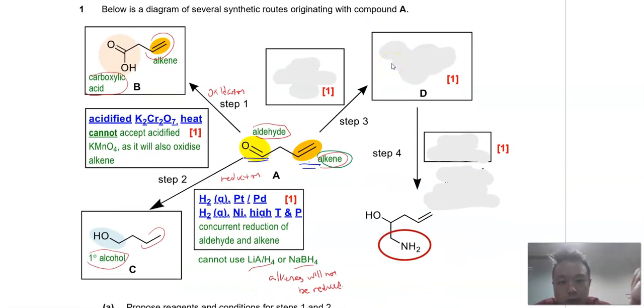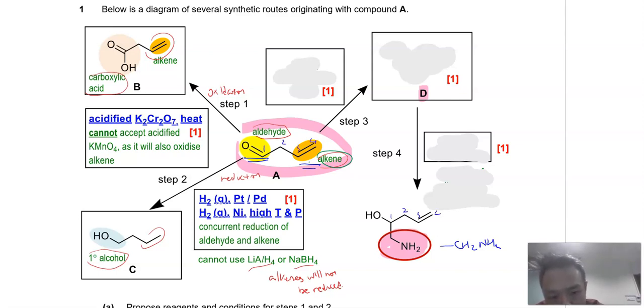In this case, you'll notice that between this compound here and D, there's a gap. But D can form this compound, and immediately you can see that it involves a CH2 and H2. To count the number of carbons, you realize that this is newly added, so it's a step-up reaction.